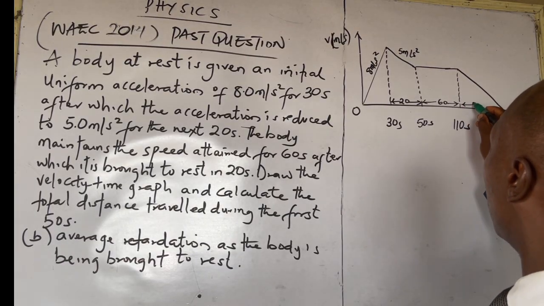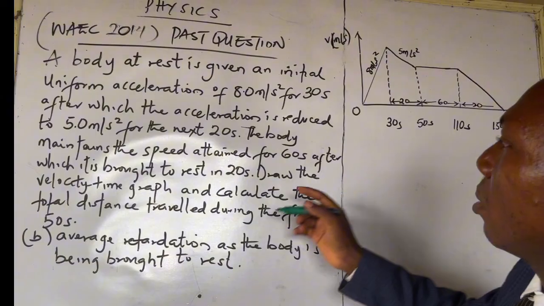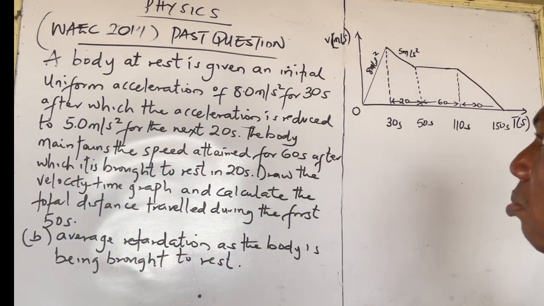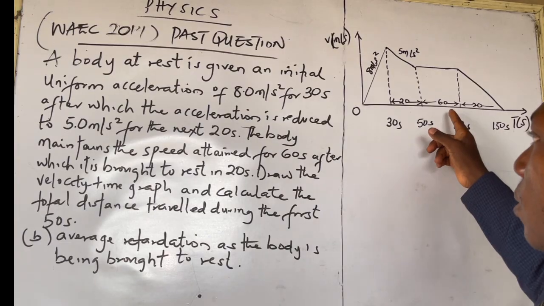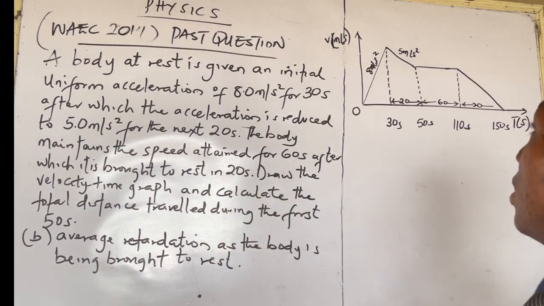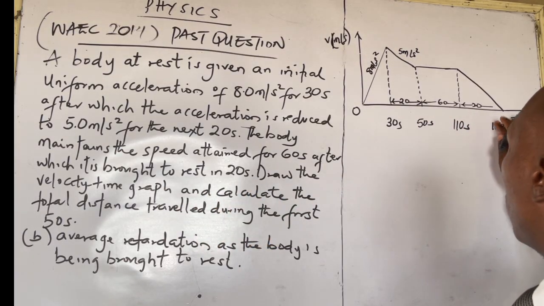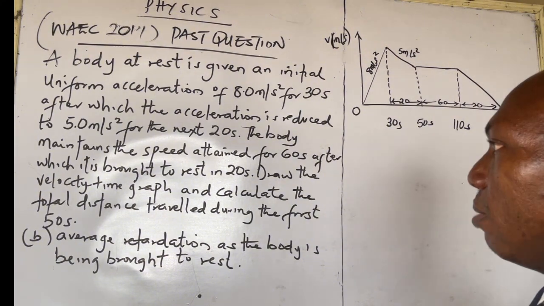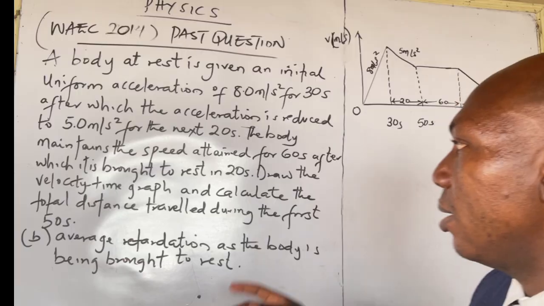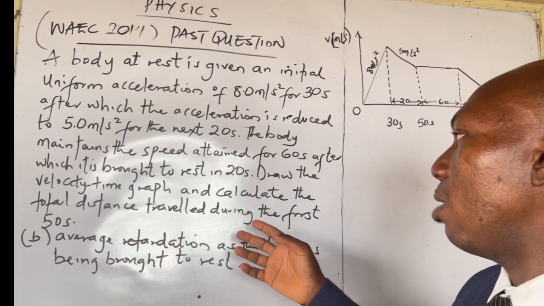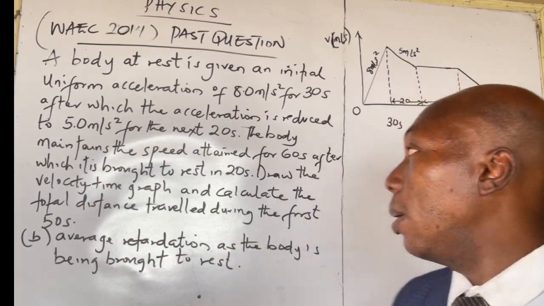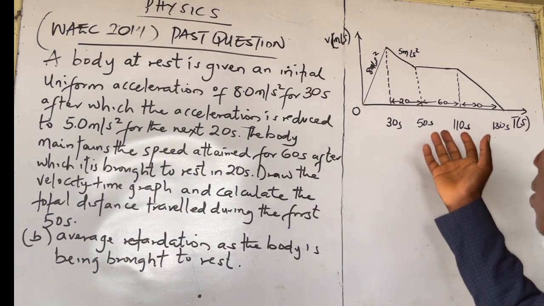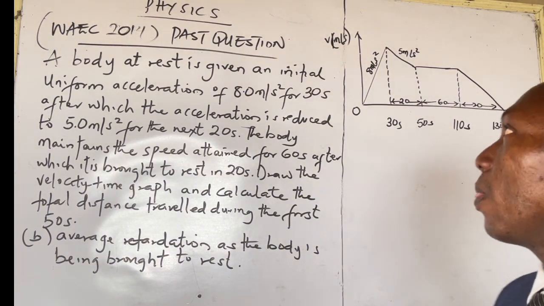So from here to here is 20. Draw the velocity time graph and calculate the distance traveled during the first 50 seconds. So this is the information given in the question, and we need to solve.